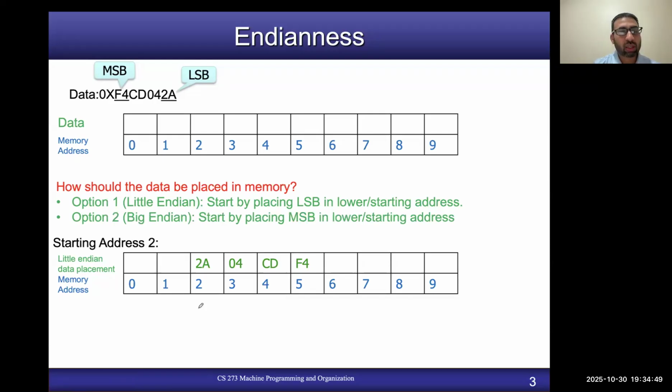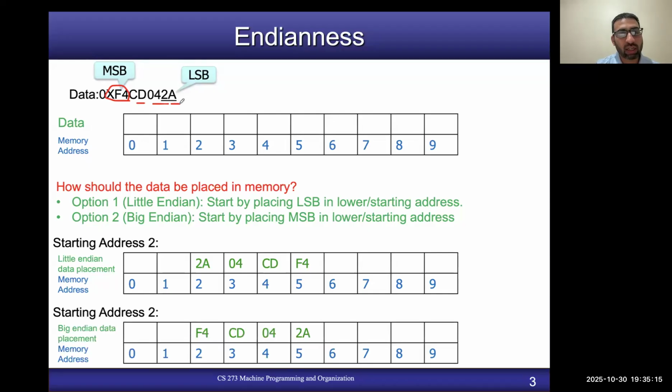The other option to answer the same question is to start by placing the most significant byte of the data at the starting, or lower, address. We write first the most significant byte, then the next one, and so on until we reach the least significant byte. If we use that approach, which is known as big endian, then at address 2 we will have F4, the most significant byte.